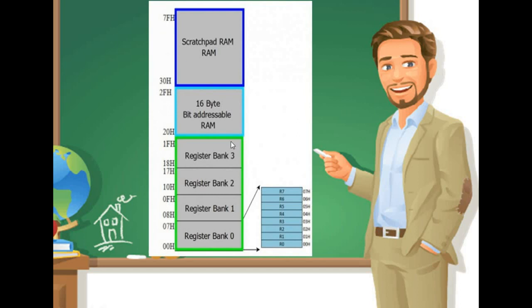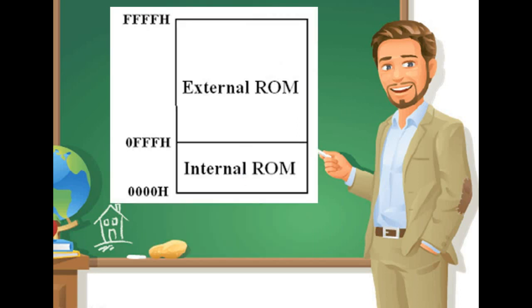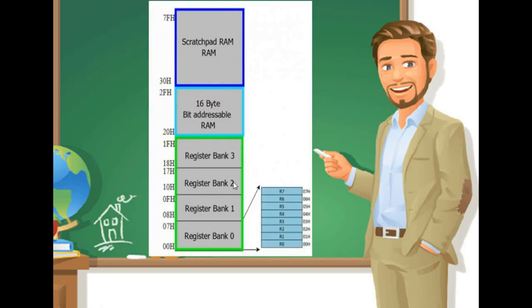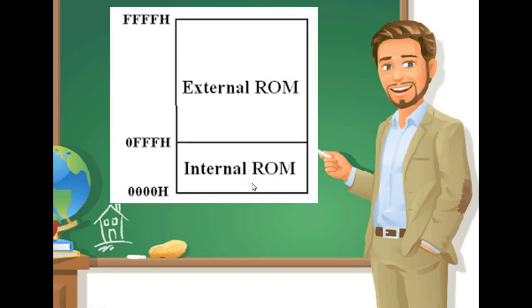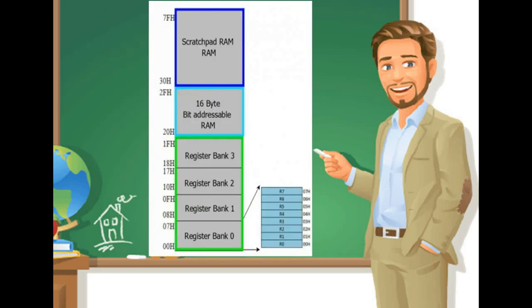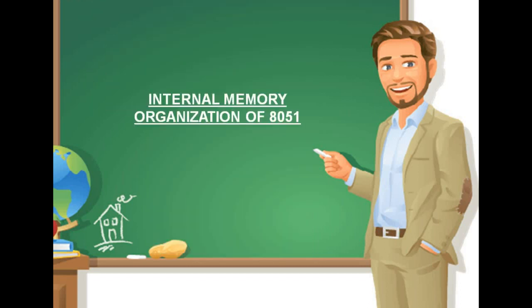That means this is 128 bytes, and whenever the RAM capacity or the program which we are interfacing with external devices is more than 128 bytes, then we are dealing with the external memory, which is again 128 bytes, and that address will start from 80H to FFH. So this is all about the internal and external memory organization of 8051. Thank you.